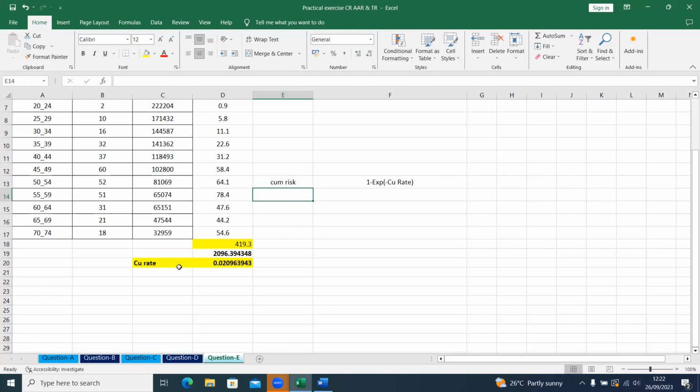I just calculated. So the cumulative rate is 0.0210 and cumulative risk is 0.0207. Clear?